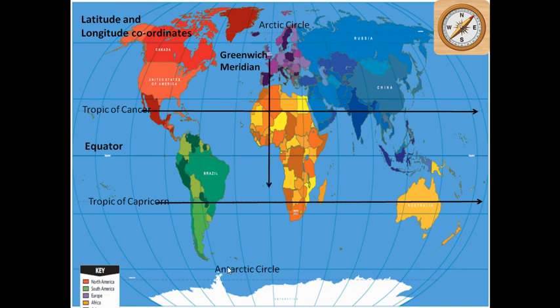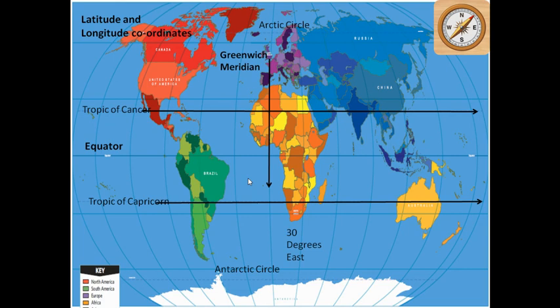The Greenwich Meridian is the line which everything else is either to the east or the west of. If you're east, then your time is ahead, like we did last week. If you're to the west, your time will be behind. If you're in a straight line, your time will be exactly the same.